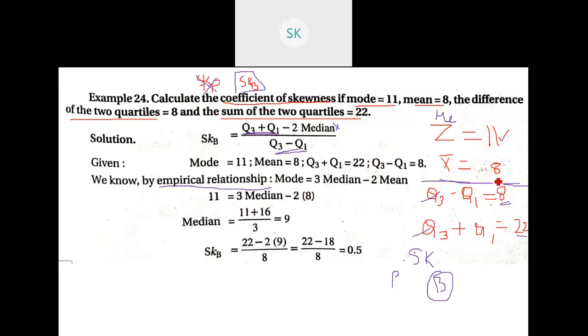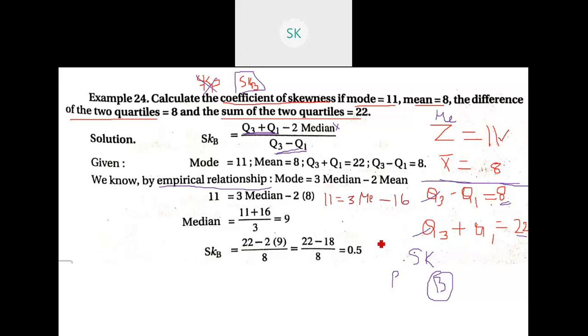X bar is given to us, which is 8. Let's simplify this: 11 is equal to 3 median minus 2 into 8, that is 16.